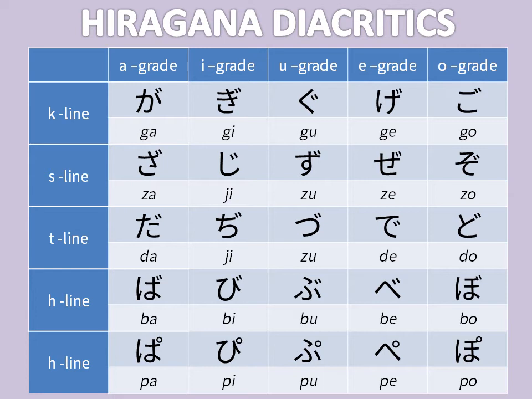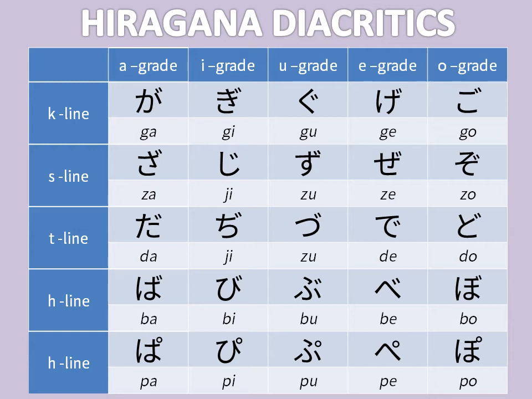Then tsu has become zu. This is not usually used because again it's a repetitive sound. So instead we'll use the sa line's zu instead of the ta line's zu. Then we have te becoming de and to becoming do.